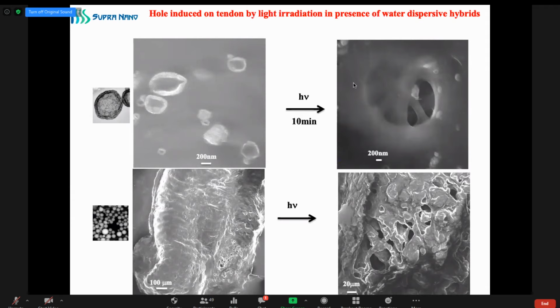The tendon is broken. And with the super ball, you can see the same. But we have other examples where the colloidosome seems to be much more efficient to kill whatever they have after getting irradiated.